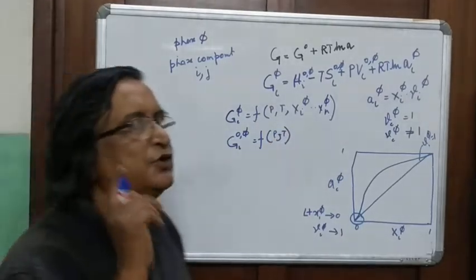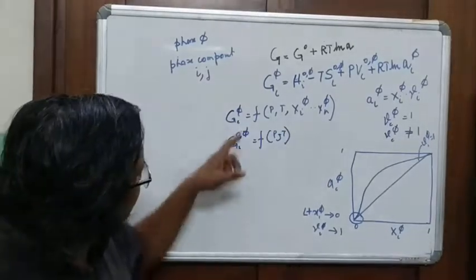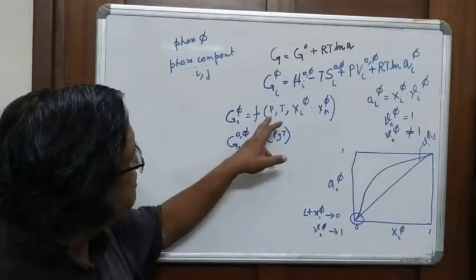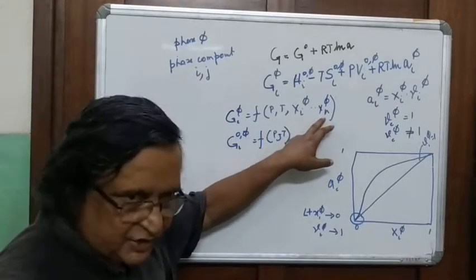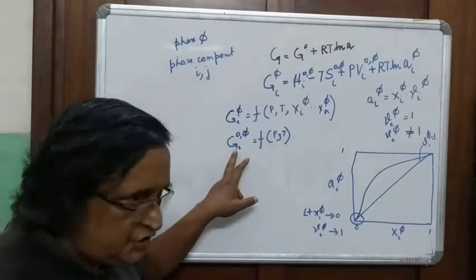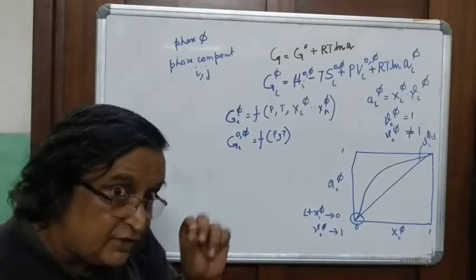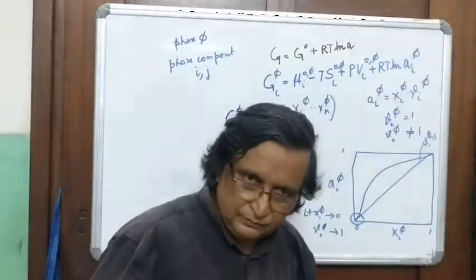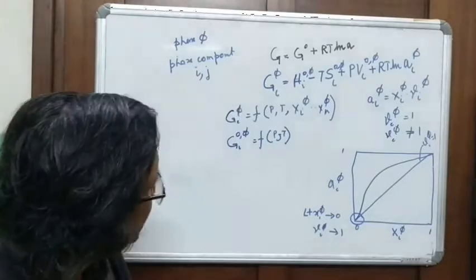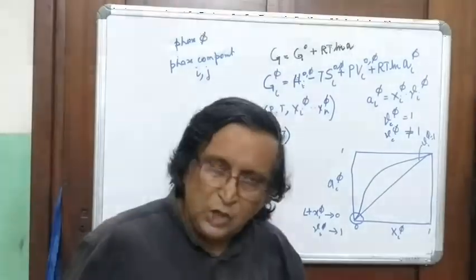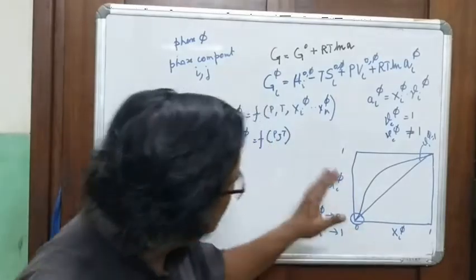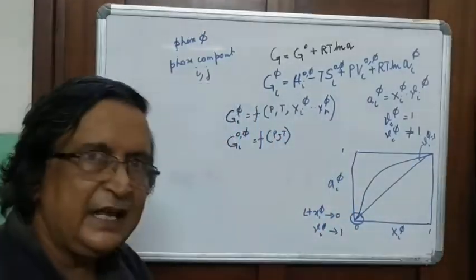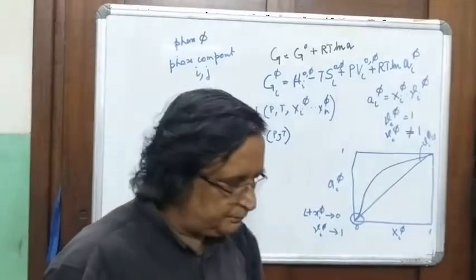That's a very important point. The free energy of a phase component is a function of pressure, temperature, and mole fraction. But G_i0, which is the free energy of the pure phase, mole fractions don't come into play. There is a better way to show it by what are called the Gibbs-Duhem equations, but we will not go into that at the moment. We will try and keep things simple.